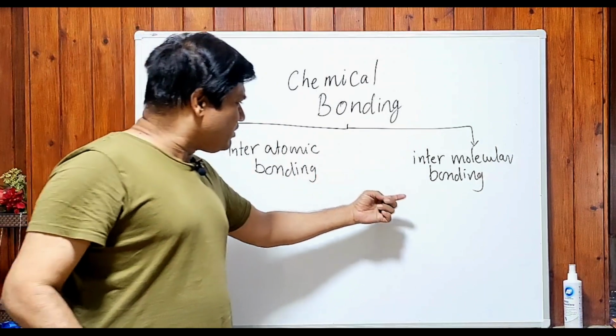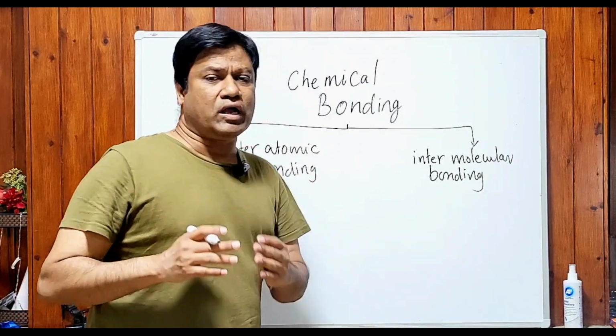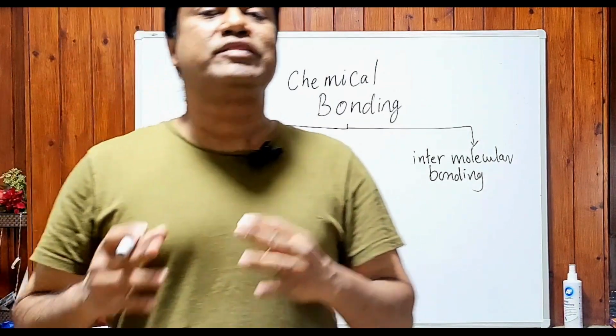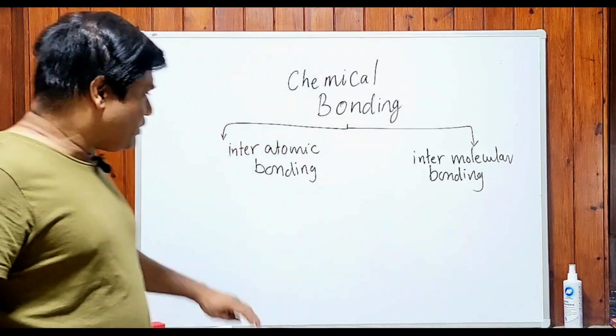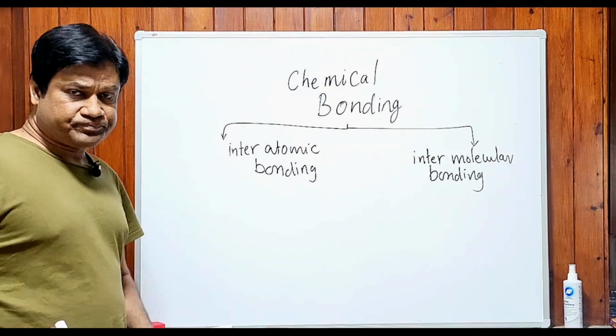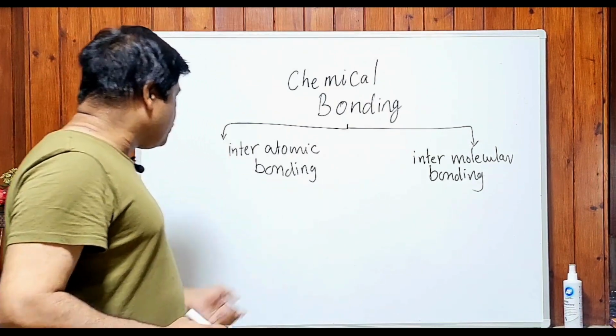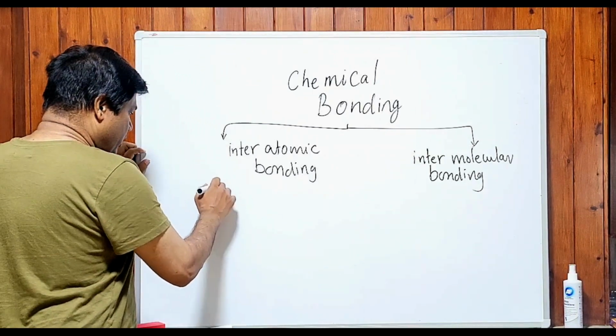Actually, intermolecular bonding is not a main type of bonding. It's a type of force of attraction between the two molecules. This is a main type of bonding, that includes ionic bonding, ionic.